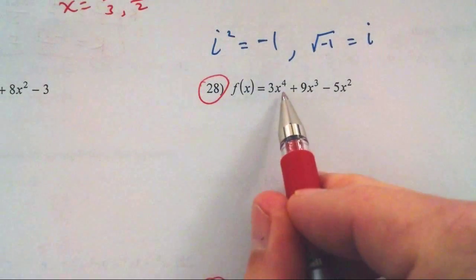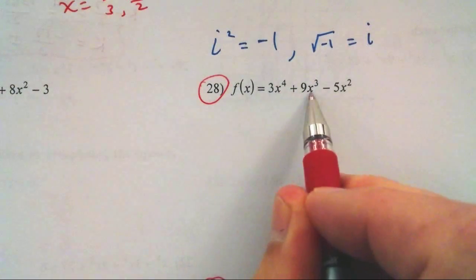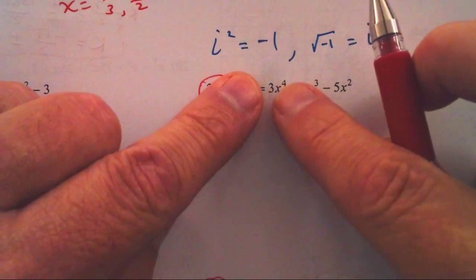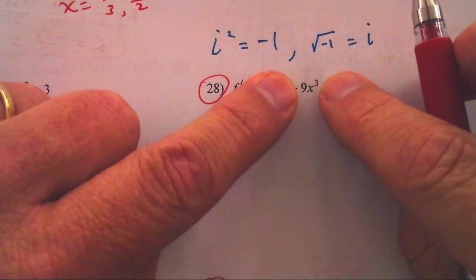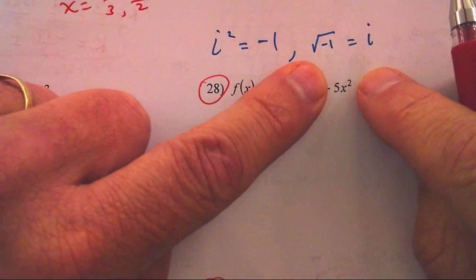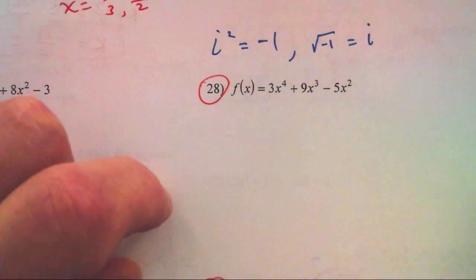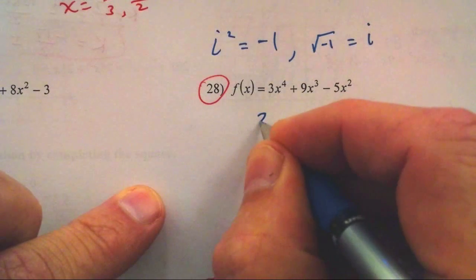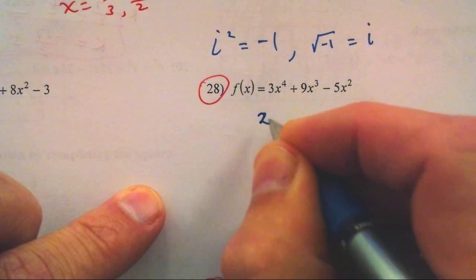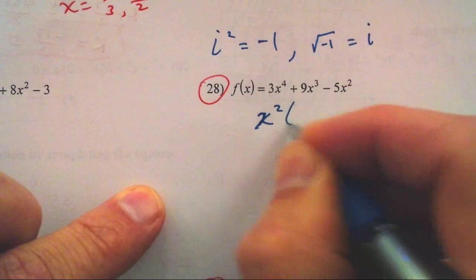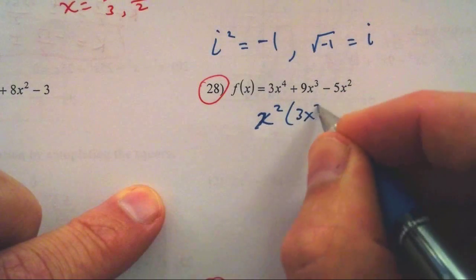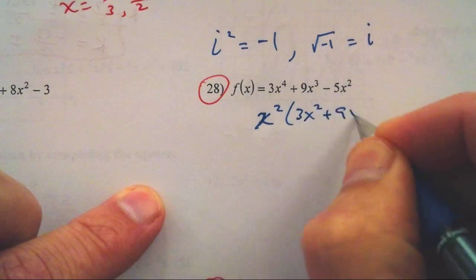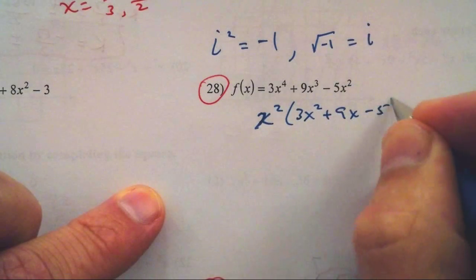All right. First thing, I look for the biggest thing I can factor. 3 and x's. This has a factor of 3 and some x's. This doesn't have a factor of 3, but it has x's. They all have 2 x's I can factor. So I'm going to rewrite this as x squared times 3x squared plus 9x minus 5.